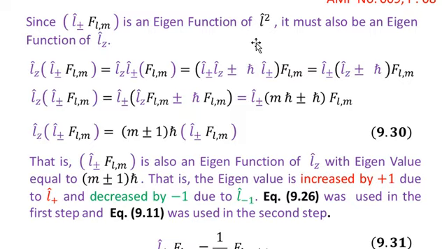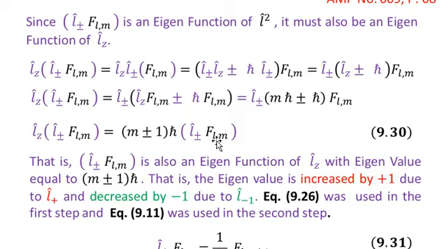So m plus 1 h bar is the eigenvalue corresponding to the state above F L M, and m minus 1 times h bar is the eigenvalue corresponding to the state one step lower than F L M.